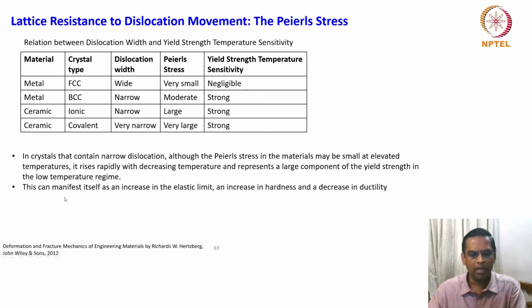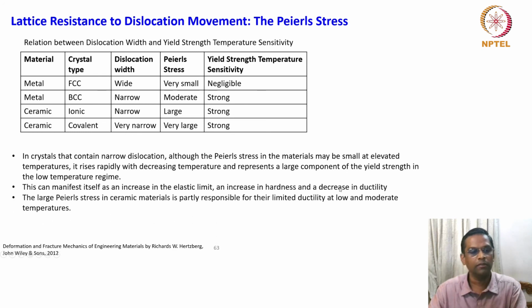So now you can quickly connect these characteristics to ceramics, right? Very high elastic modulus, very high hardness, very poor ductility. So the large Peierls stress in ceramic materials is partly responsible for their limited ductility at low and moderate temperatures.